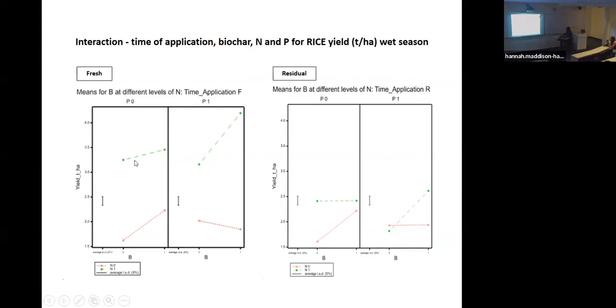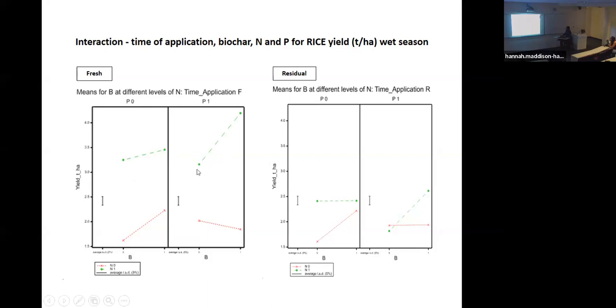And then by applying nitrogen, with or without biochars, the yield is increased to 3.2 tons per hectare. The lowest yield is produced if we use phosphorus with the biochars, lower than 2 tons per hectare.